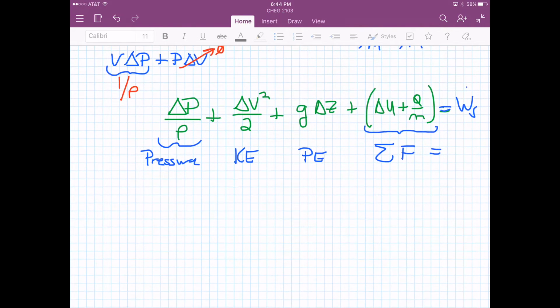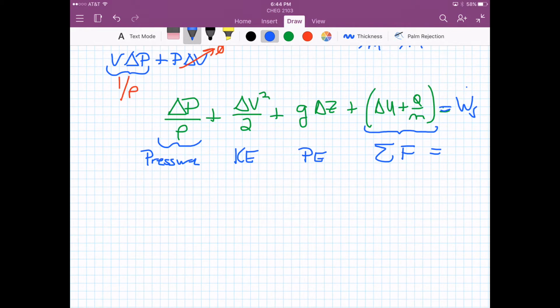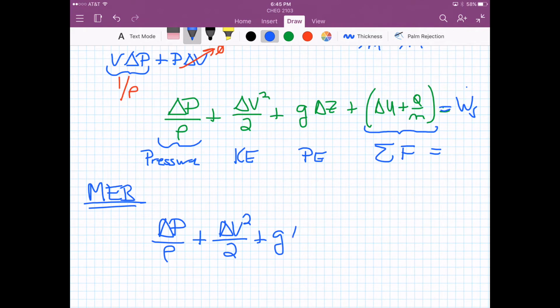So this then basically becomes our mechanical energy balance. Changes in pressure between two defined points in the system divided by the density of the fluid, plus change in the velocity of the fluid, plus the change in height of the fluid, plus the sum of all of the frictional forces, which are typically done by correlation, is equal to the shaft work.